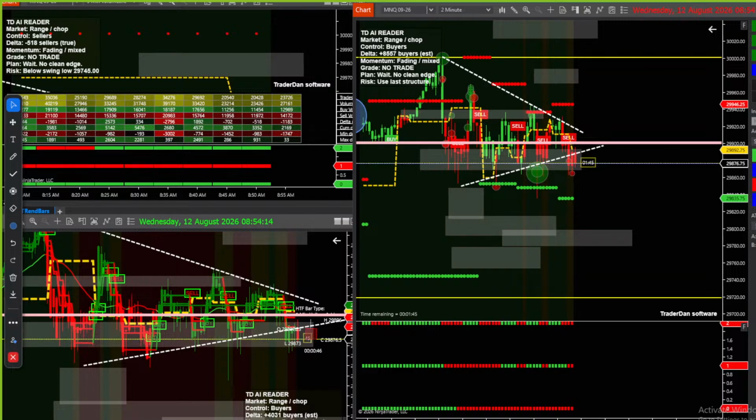The market shift down, and we're going to go lower. We're going to chase this wick down here at the bottom. We're down in the support zone.